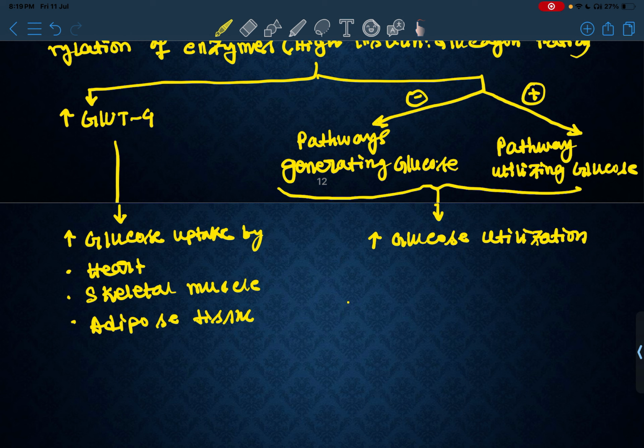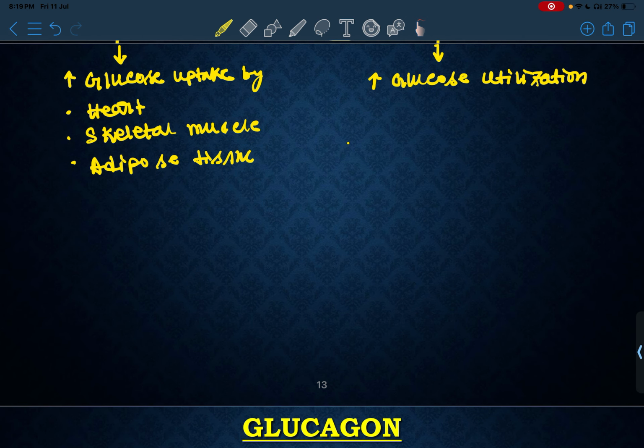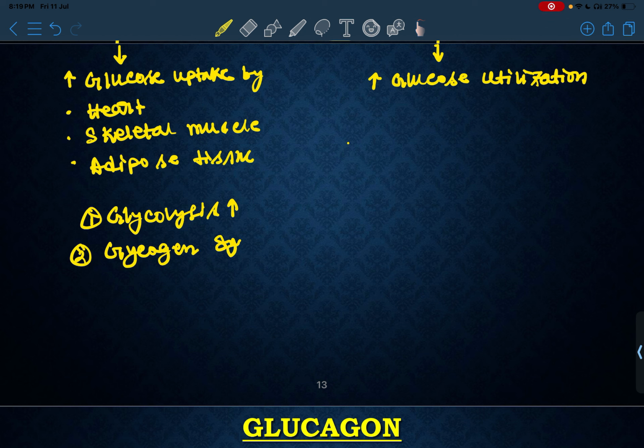So what are the metabolic pathways and effects of insulin due to phosphorylation? Let's see in brief. Firstly, glycolysis is increased. Secondly, glycogen synthesis is increased.